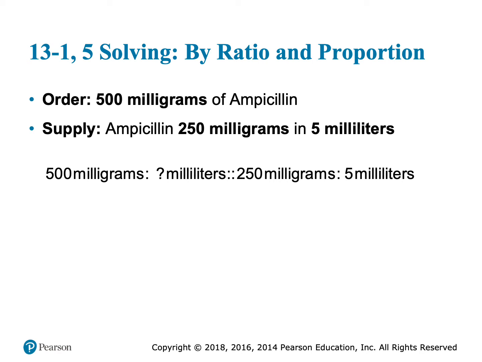So here we can set this up as 500 milligrams over X milliliters equals 250 milligrams over 5 milliliters. So when we cross multiply and divide, we get to our same answer of 10 milliliters.